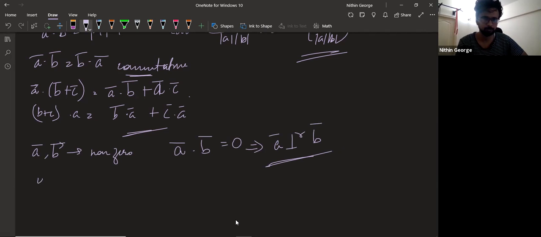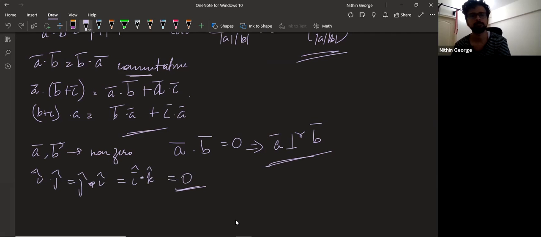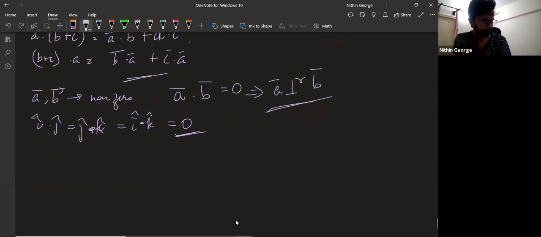So remember that I dot J, J dot K, K dot I, and the commutative versions of these three will all be equal to 0. They're all perpendicular. That's the idea.